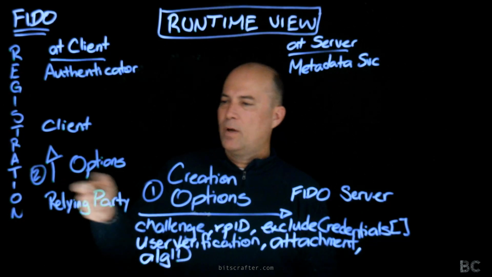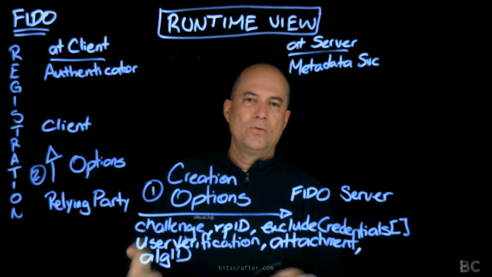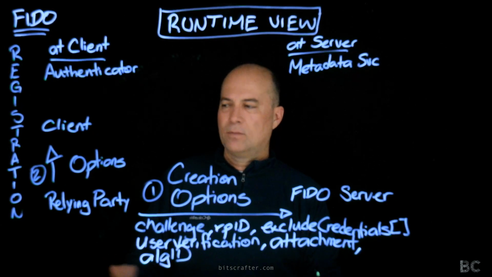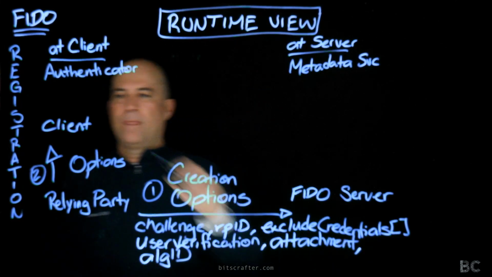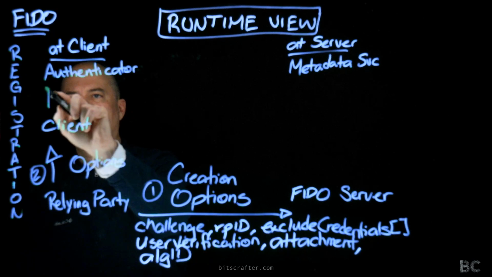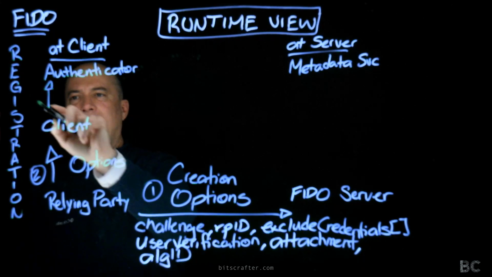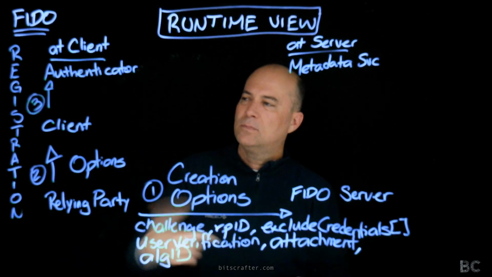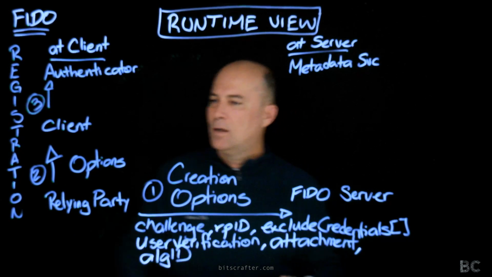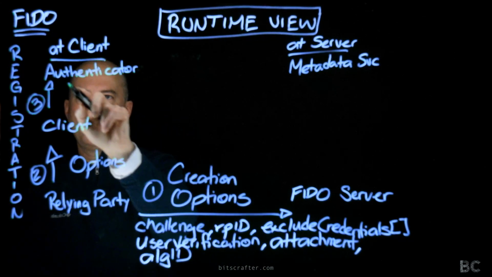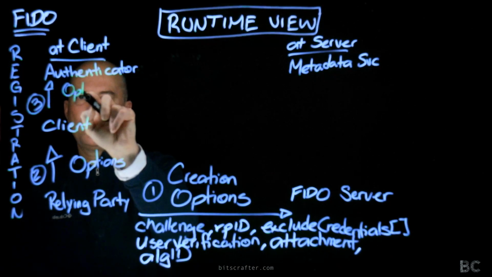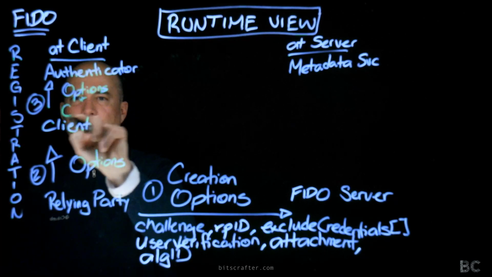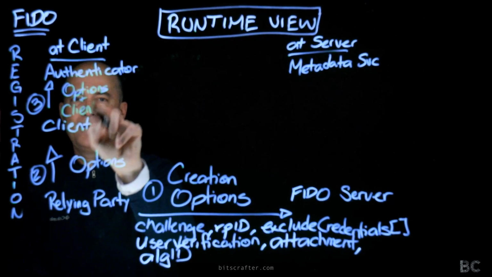And by the way, this number 2 is based on the WebAuthn defined by FIDO, so WebAuthn. Then the client is going to actually add its own parameter data. So it's going to pass the options, and it's going to pass something called client data.